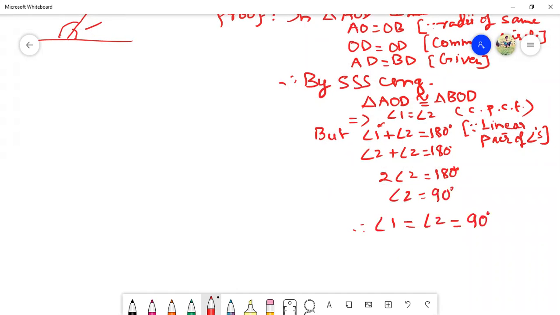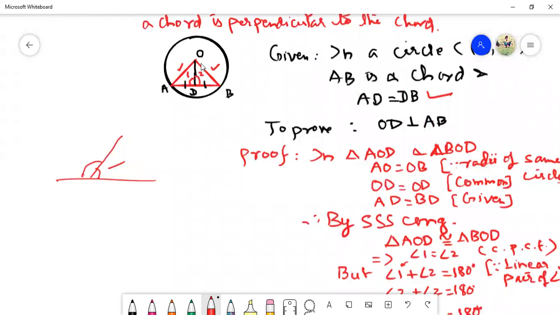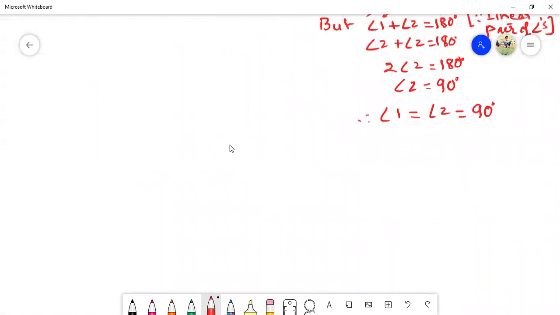That means what we have to prove, that this is perpendicular. So both angles are 90 degree. That means OD is perpendicular to DB. It implies that OD is perpendicular to AB.